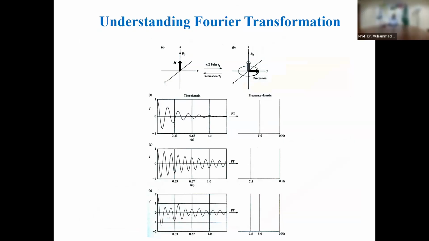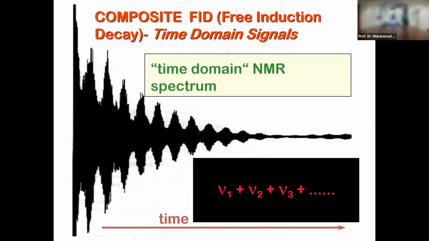So, if you have many frequencies, which you can see in the free induction decay, the FID looks horrible. It's the cumulative FIDs of as many protons or carbons or whatever the elements are, and then you see a pattern like this, and this is the kind of free induction decay in the time domain.